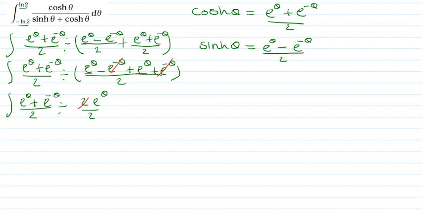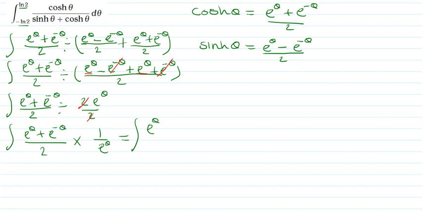So the 2 and the 2 can cancel out, meaning that we're going to have the integral of e to the power theta plus e to the power negative theta, then everything over, since we are dividing, when you turn it into a multiplication, it's going to be multiplied by 1 over e to the power theta. Simplifying this to be equal to the integral of e to the power theta.